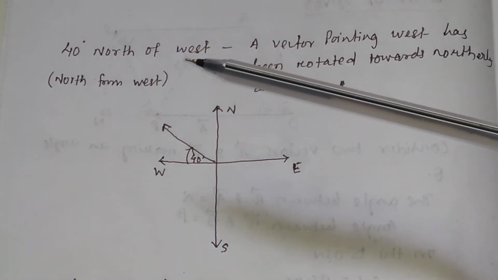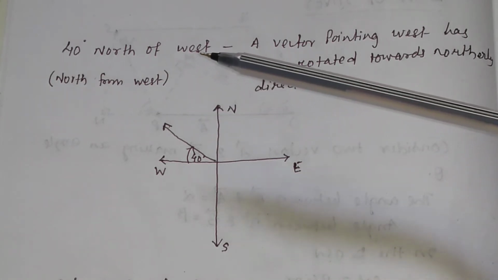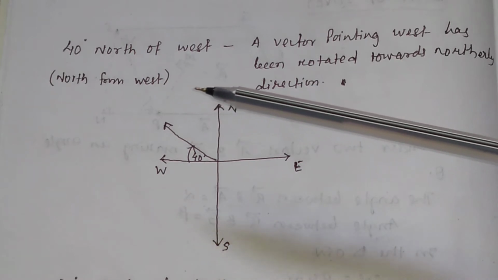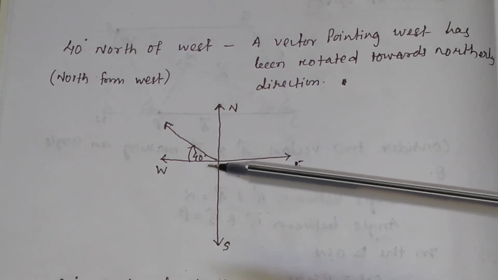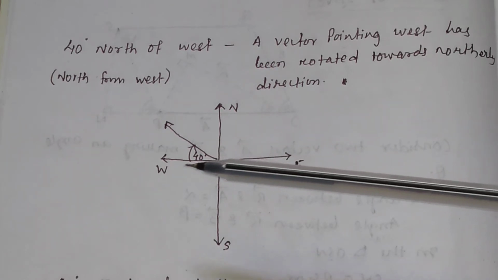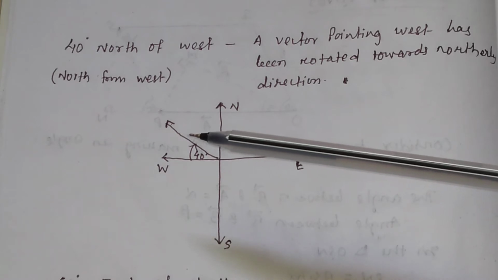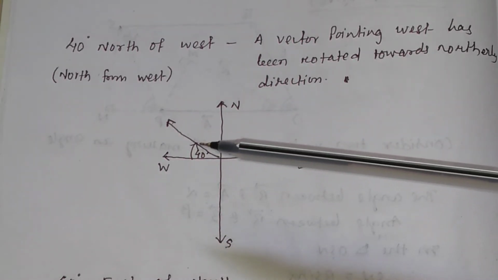Remember, 40 degree north of west means north from west. That is, a vector pointing west has been rotated towards the northerly direction by an angle of 40 degree, as shown in the figure.